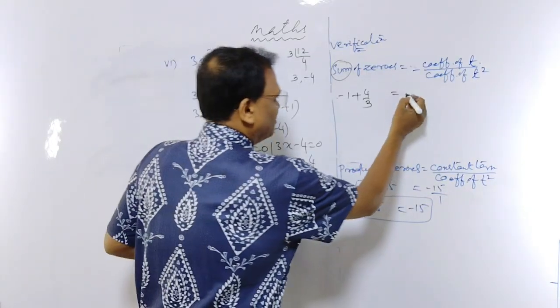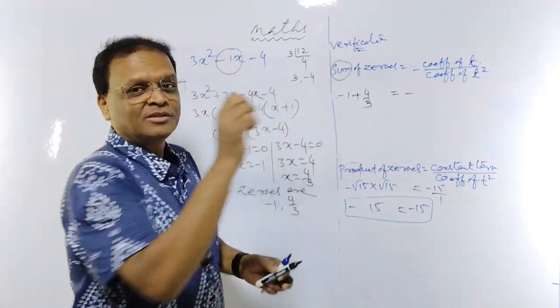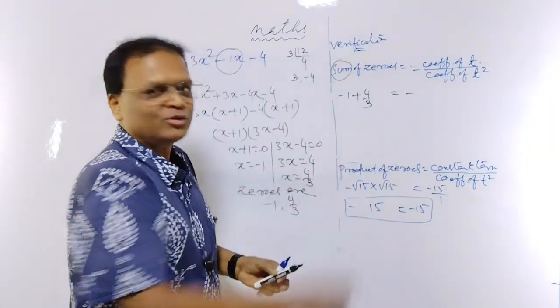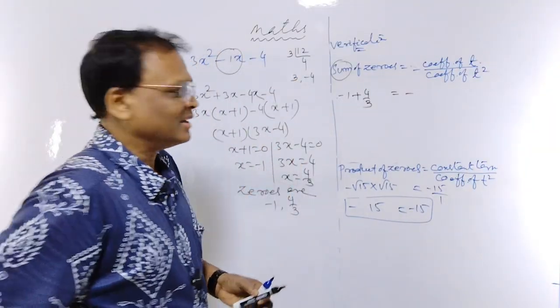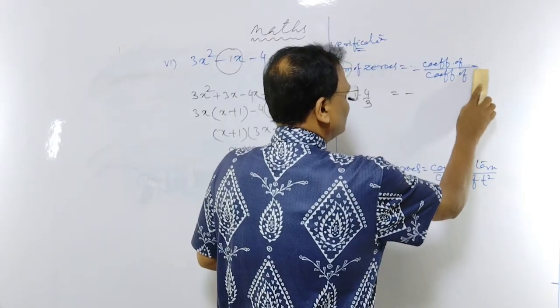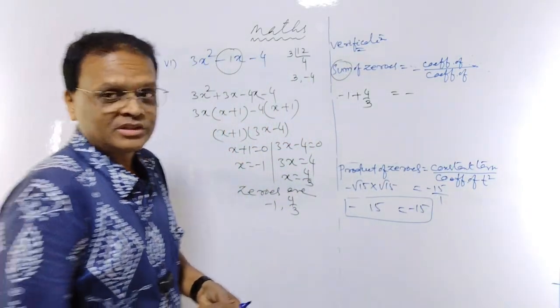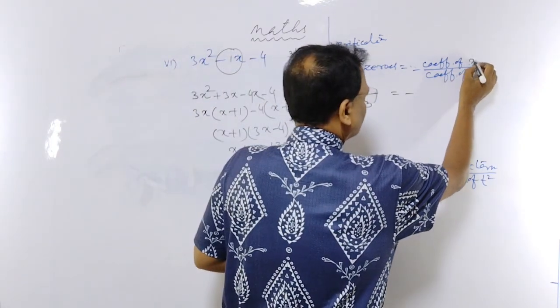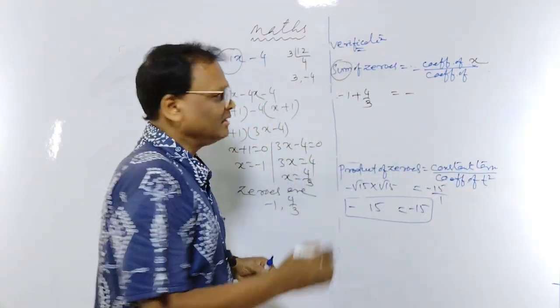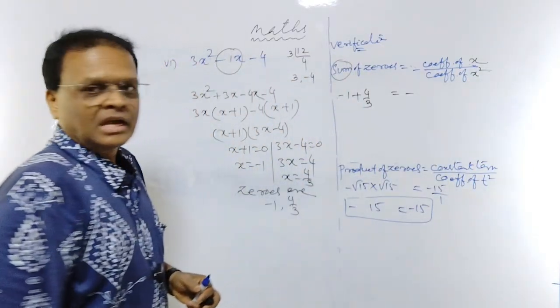Right side: minus of coefficient of x by coefficient of x square. Again I need to change because I already had written t, so this t and t square will be replaced.